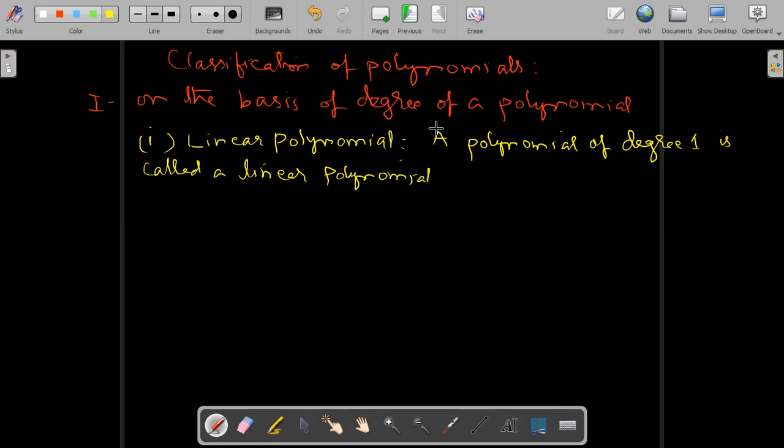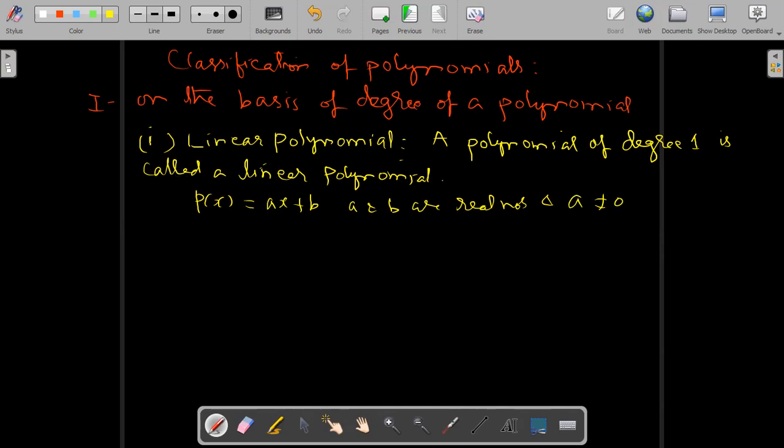Degree is 1, only x is involved. In general, we can write px as a polynomial of the type ax plus b, where a and b are real numbers, and a is not equal to 0.